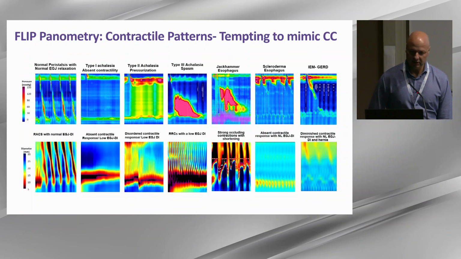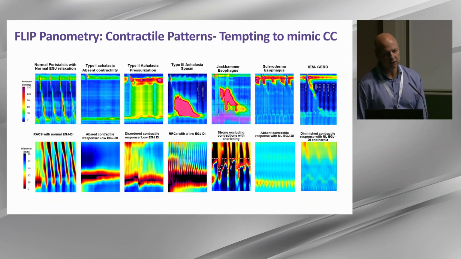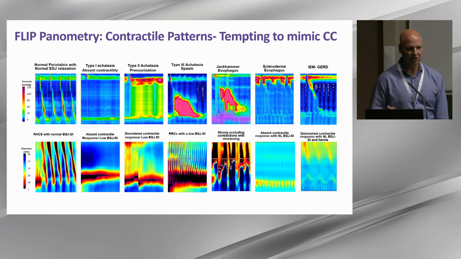So we started to conceptualize, well, can we look at this in the context of the Chicago classification? So what does FLIP look like when we look at high-resolution manometry on top and the functional luminal imaging probe on the bottom? And there clearly are these patterns that you can look at, and once again, a picture's worth 1,000 tracings.